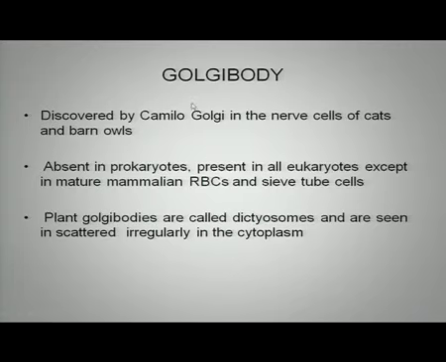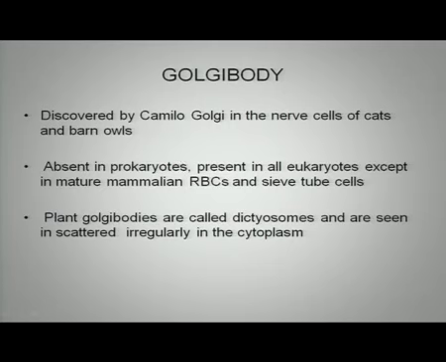Now, coming to yet another organelle present in the eukaryotic cell, the Golgi body. It was discovered by Camillo Golgi in the nervous cells of cats and barn owls. It is absent in prokaryotes, since it is a membrane bound organelle.